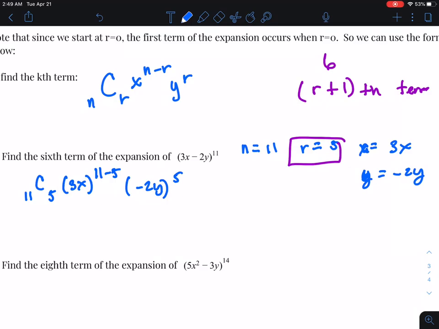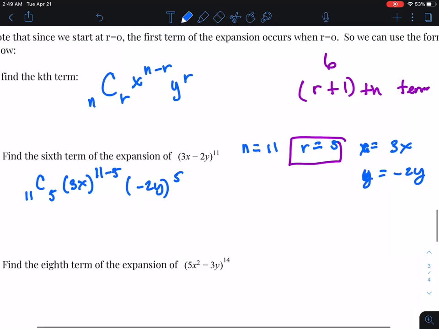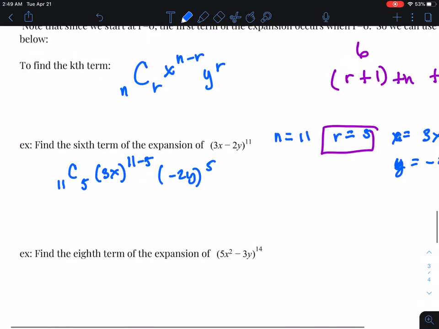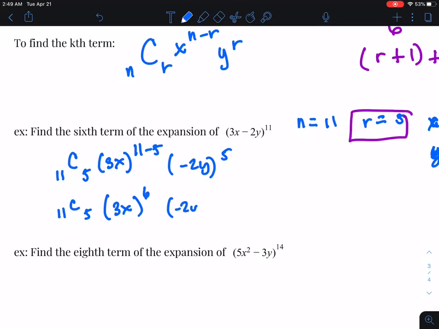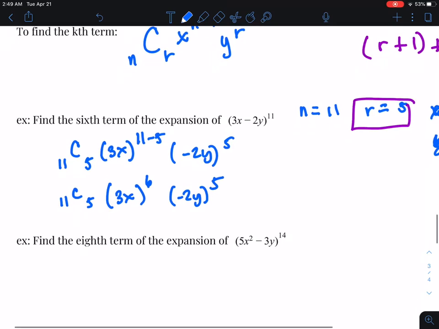Okay. So here, this is 11 choose 5, 3x to the 6, negative 2y to the 5th.